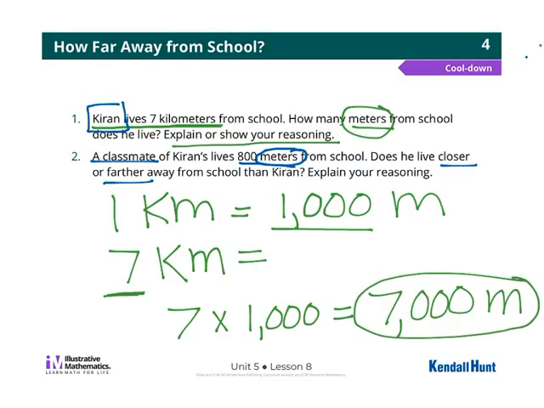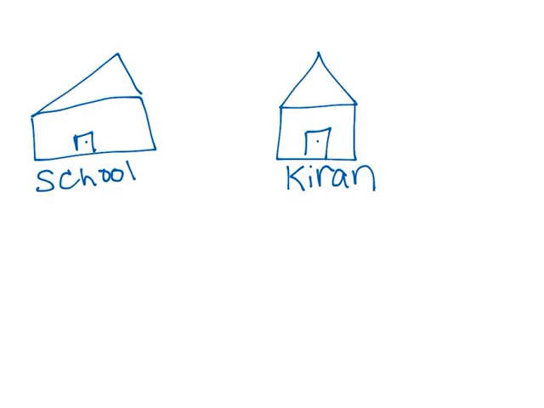So we're talking in meters. I found out in problem 1 that Kieran is 7,000 meters from school. So from Kieran's house all the way to school, this is 7,000 meters. So from the problem, that's what I know.